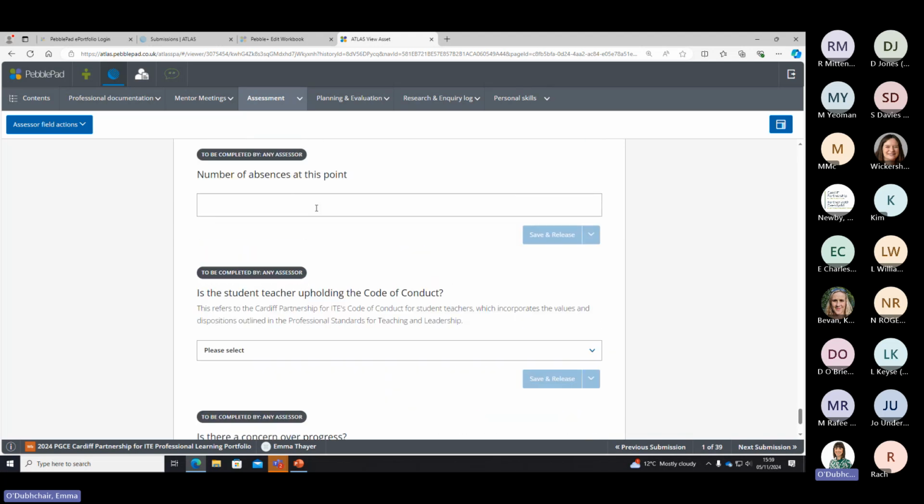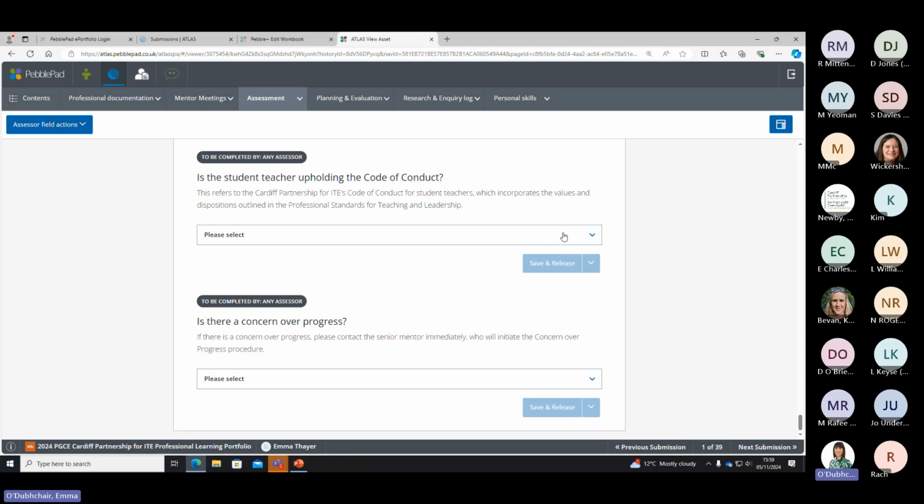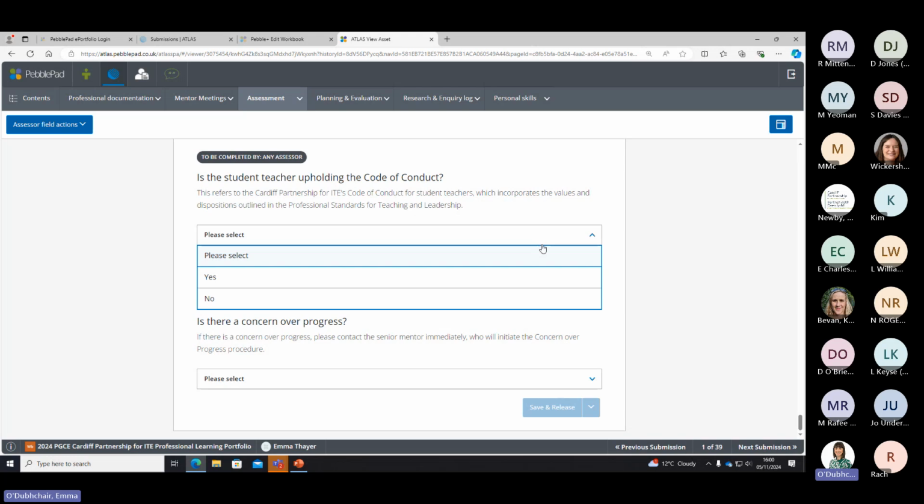You've got a place to log the number of absences that the student teacher has had from clinical practice, and that's just the days that they've missed from school, which will all be logged in their attendance area of the PLP. They should be keeping that record. And then if the student teacher has not met the threshold, or if you've got concerns about the student teacher's ability to uphold the code of conduct, you're either going to say that no, they're not upholding it, or yes, they are.